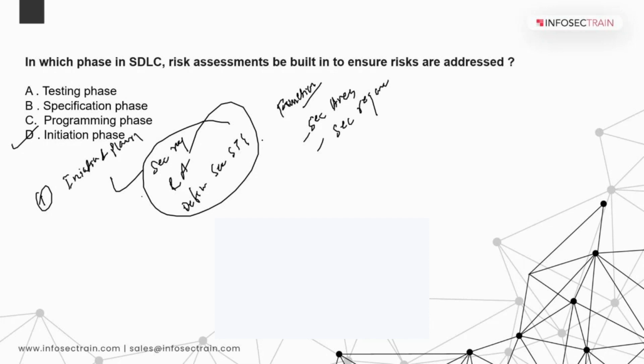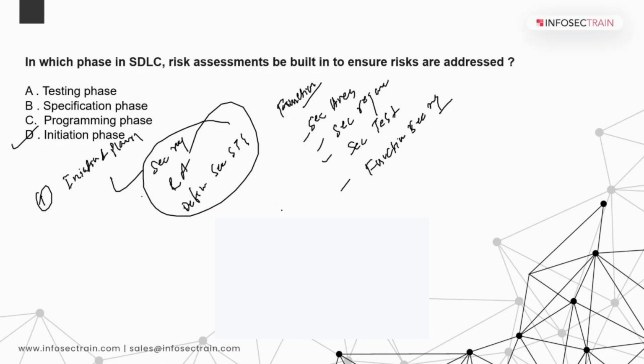Okay, now in the same phase you have to do your security testing, and also you have to include your functional security requirement in the same phase. So these words and keywords you have to remember for exam point of view.